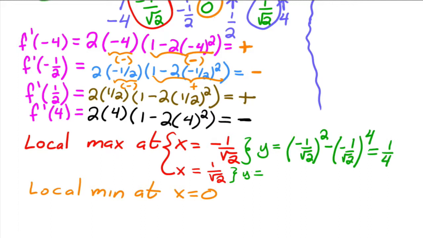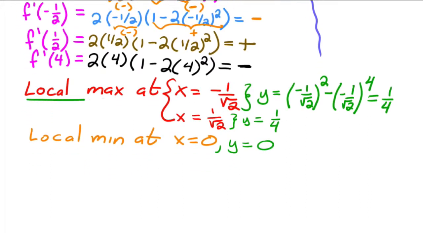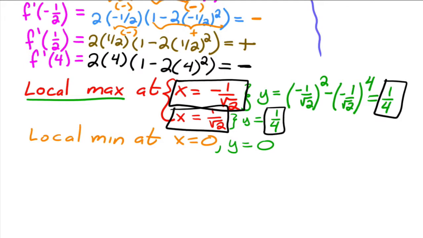And if you do the same thing, this one is going to be exactly the same y value, because they're the same number and they're being squared and raised to the 4th. And then here, the local minimum, you would get a y value of 0. So, in summary, you have a local maximum at x equals negative 1 over root 2, y equals 1/4, and positive 1 over root 2, 1/4. And then you have a local minimum at x equals 0, y equals 0.